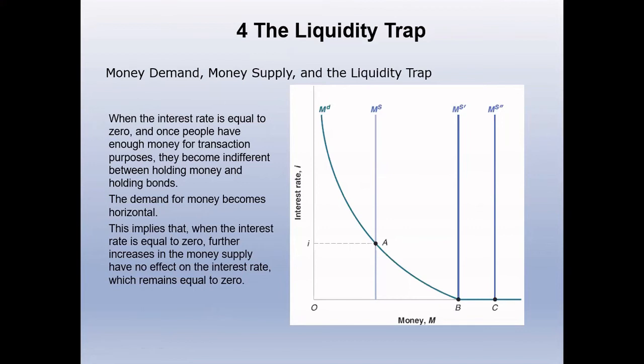This is the nominal interest rate, not the real interest rate. But when we go for the real interest rate, maybe you will find it more and more negative. So if the interest rate is zero and inflation is 2, the real interest rate will be negative 2.